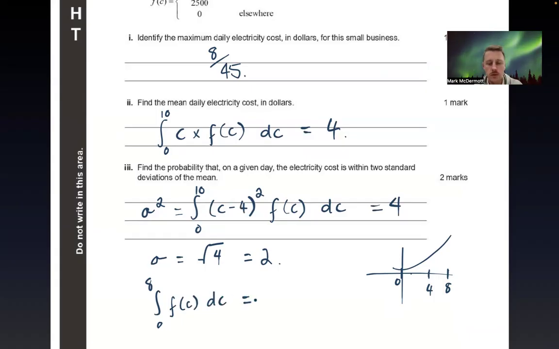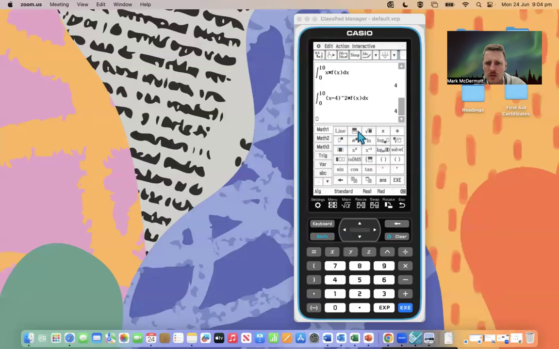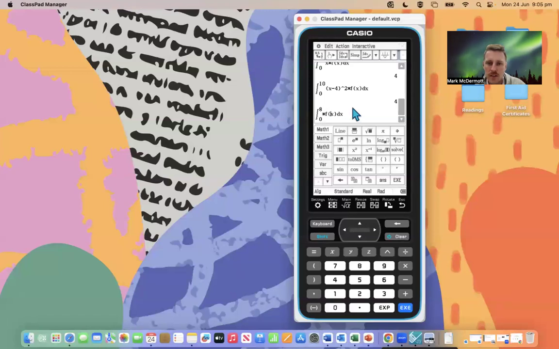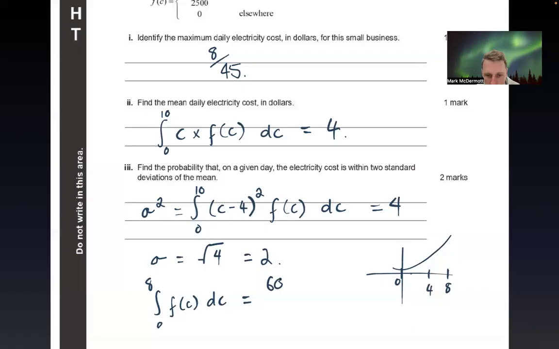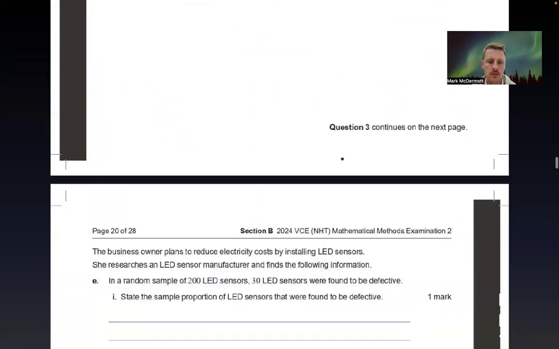Integral from 0 to 8 of f of x dx. Is that what I'm trying to do? Yes, I think it is. 608 on 625. That seems like a large probability, and generally you expect your probabilities to be quite large if you're talking about within 2 standard deviations of the mean. Okay, I think that looks okay.